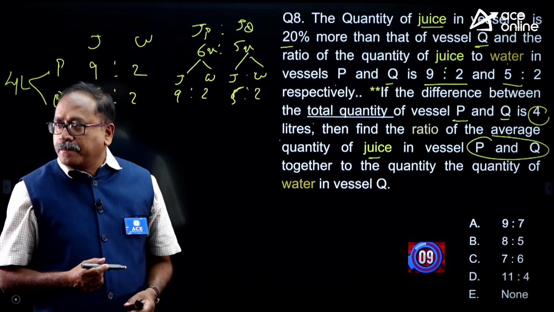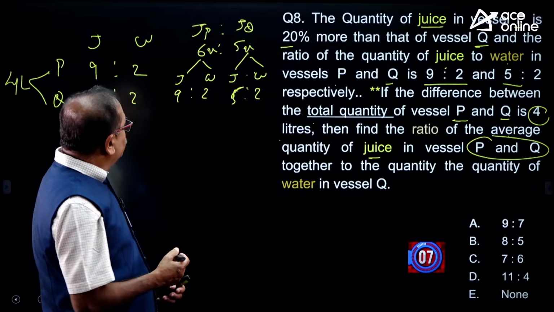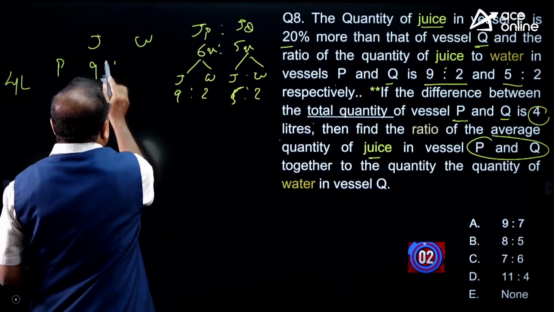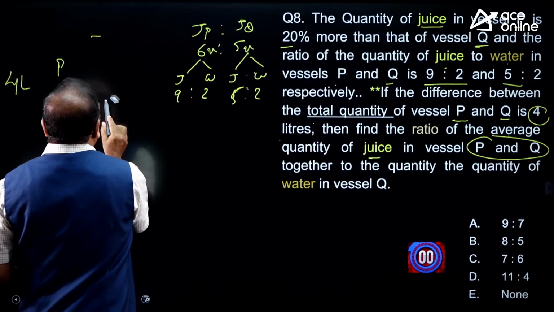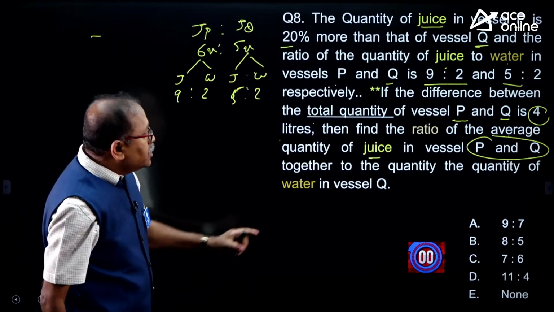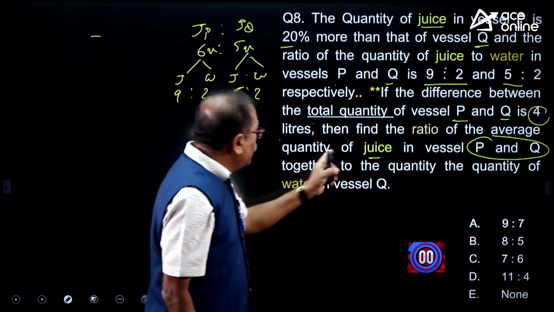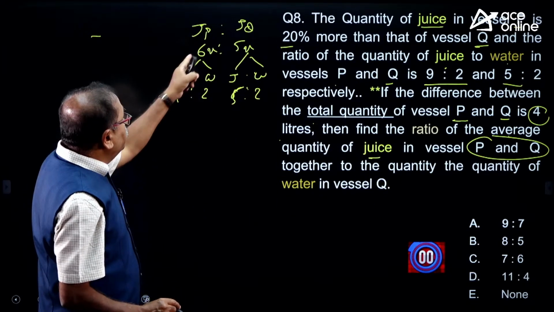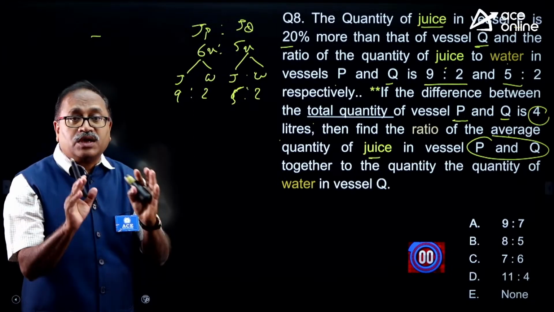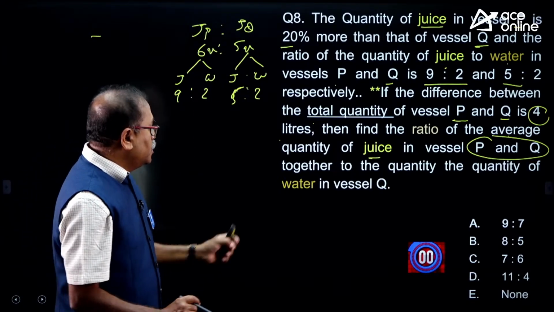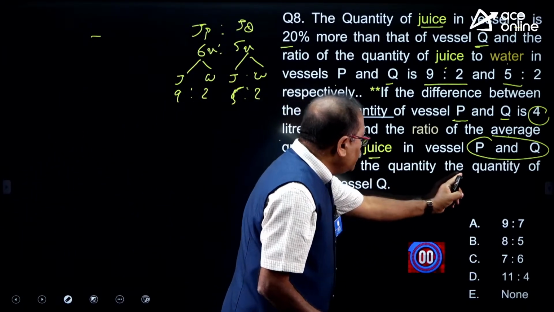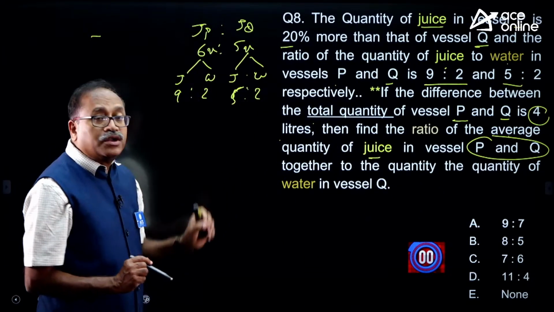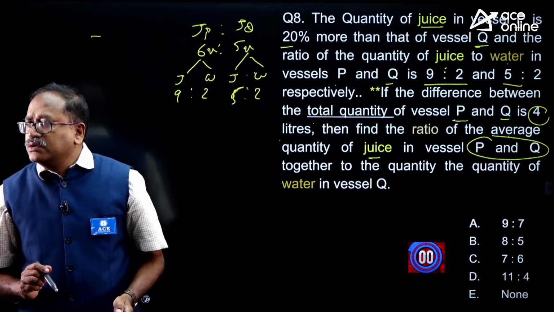Anyone else? I will erase this part because I have already noted down the same over here. What I need is the ratio of the average quantity of juice of P and Q to the quantity of water in Q. Anyone answered it?